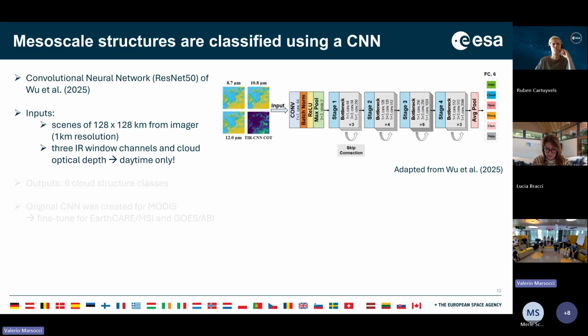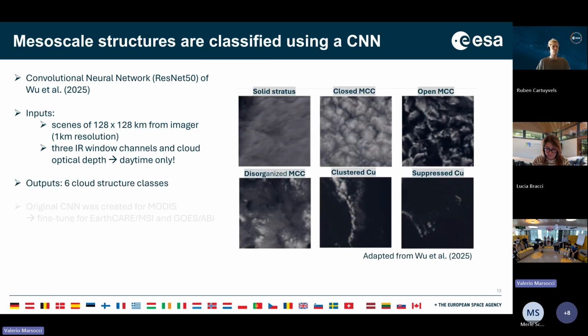This neural network was originally developed by Wu et al. in 2025, and it uses scenes of 128 times 128 kilometers from an imager in 3 infrared window channels plus cloud optical depth. So these 4 inputs. And then as an output, it gives us one of 6 different cloud structure classes, as well as a probability or certainty estimate.